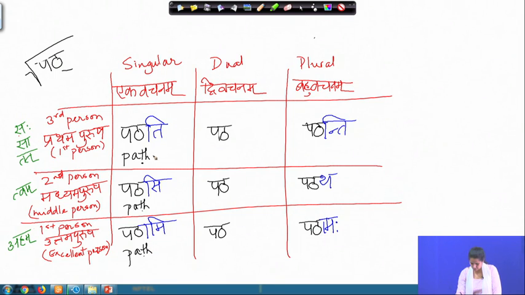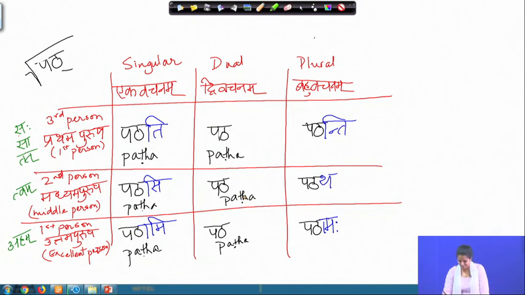Make sure that you put the dot below the T, because if you don't put the dot, then it becomes a different word, and here we want patha. Okay, so patha, patha. Oh, sorry, I'm saying patha and writing pat. So patha, patha, patha, patha everywhere.